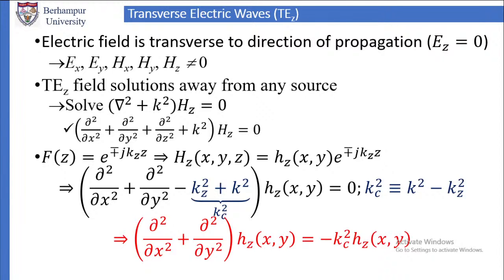Now for del square, you can write dou square by dou x square plus dou square by dou y square plus dou square by dou z square, plus k square, operating on Hz, equal to 0.